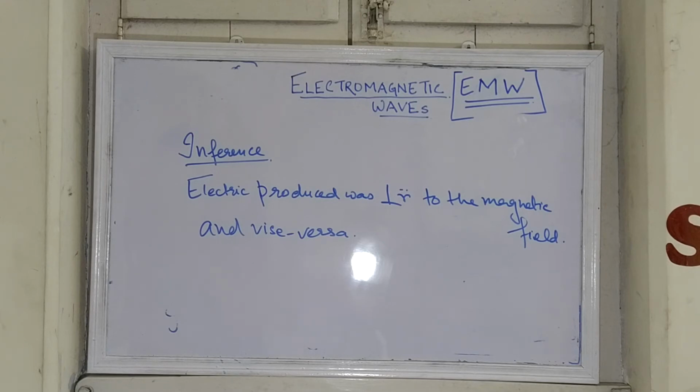Next we come to Maxwell's equations. Maxwell said that all the basic principles of electromagnetism can be explained by the 4 fundamental equations, called Maxwell's equations.